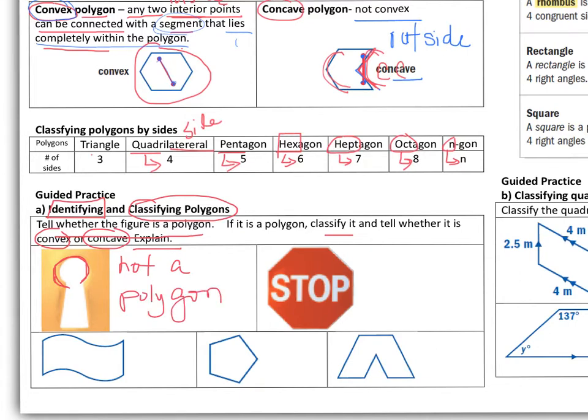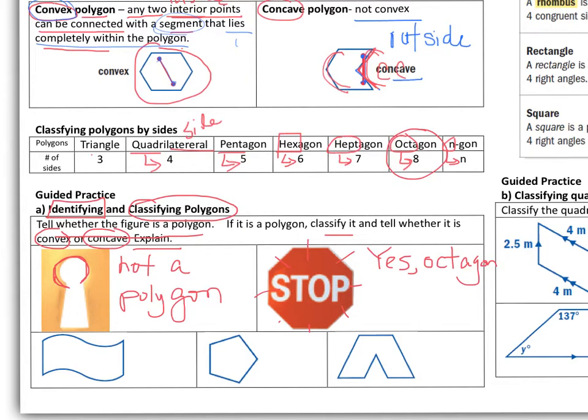And this one here, the stop sign, looks like a 1, 2, 3, 4, 5, 6, 7, has 8 sides. So if there's a polygon with 8 sides, it's called an octagon. So it is a polygon, yes. That's right, yes, octagon. And tell whether it is convex or concave.